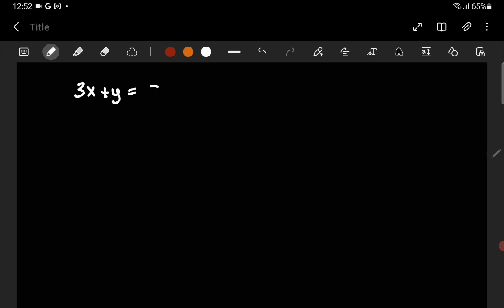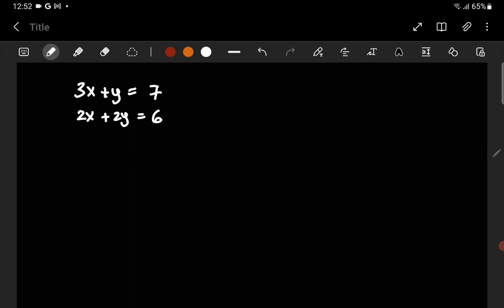And then, okay, it's about the simultaneous equation, yeah? About simultaneous equation, let's say I have 3x plus y is equal to 7, and then 2x plus 2y will be equal to 6.